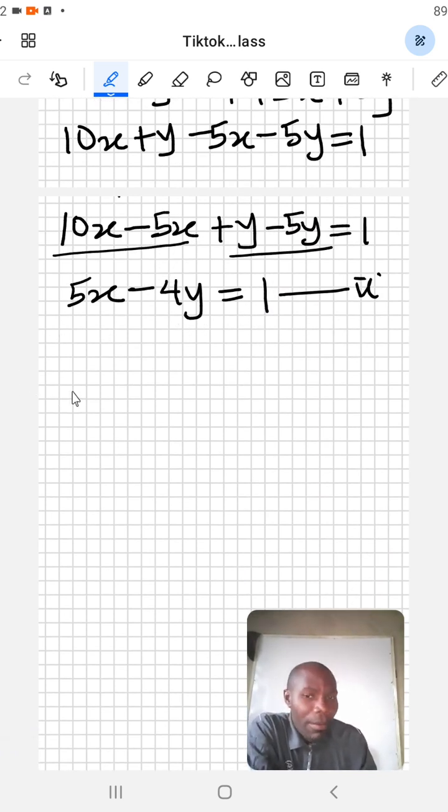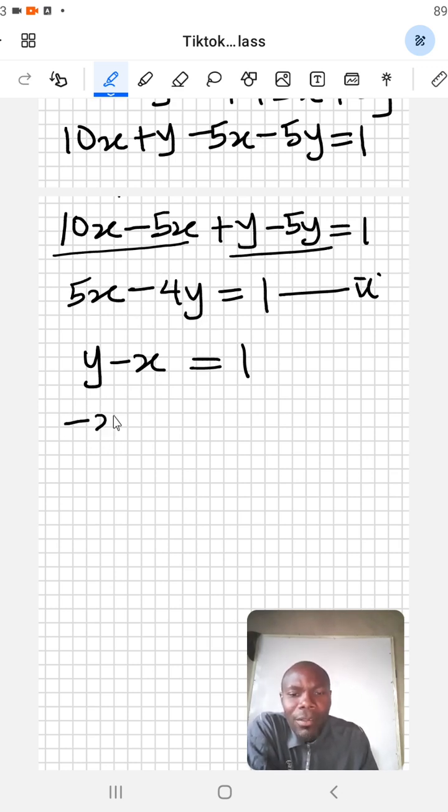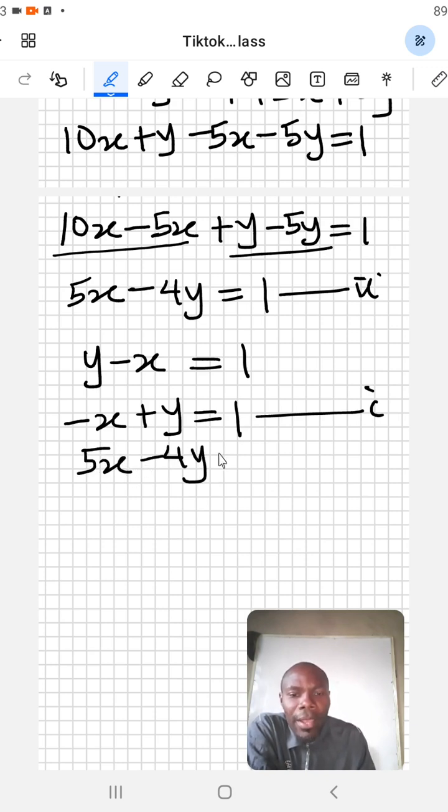Let's combine the equations. Equation 1 is y minus x is equal to 1, which we rearrange as minus x plus y is equal to 1. Equation 2 is 5x minus 4y is equal to 1.